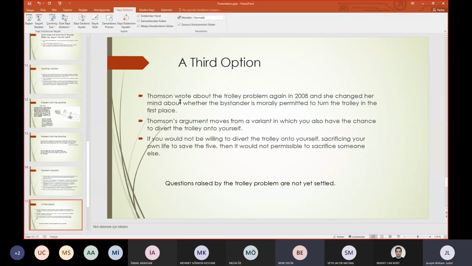If you can't sacrifice yourself, you have no right to sacrifice someone else. Therefore, Thomson actually changed her opinion about this matter. First she was saying it was permissible in the bystander at the switch scenario, and later she changed her opinion to not permissible, because if you can't sacrifice yourself, you have no right to sacrifice others. Good point.